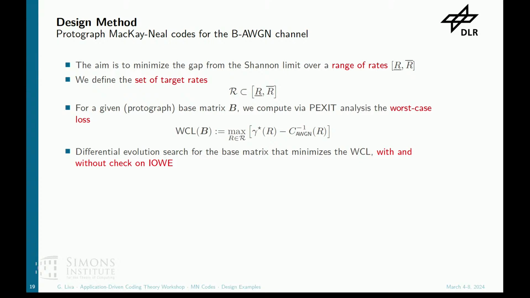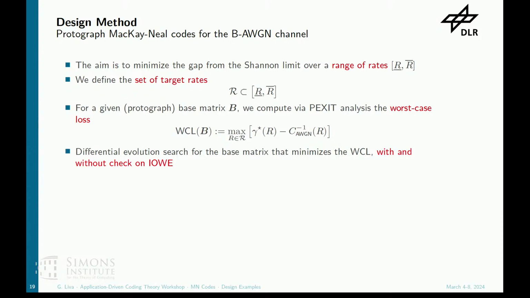So now, how do we do the design? We fix a range of code rates that we want to support, say from 1/10 to 2/3. We compute iterative decoding thresholds for the base matrices we are trying out. For each, we sample a number of rates in this range, and we compute what we call the worst case loss, which is the biggest gap from the Shannon limit at these operating rates with respect to the thresholds we are computing.